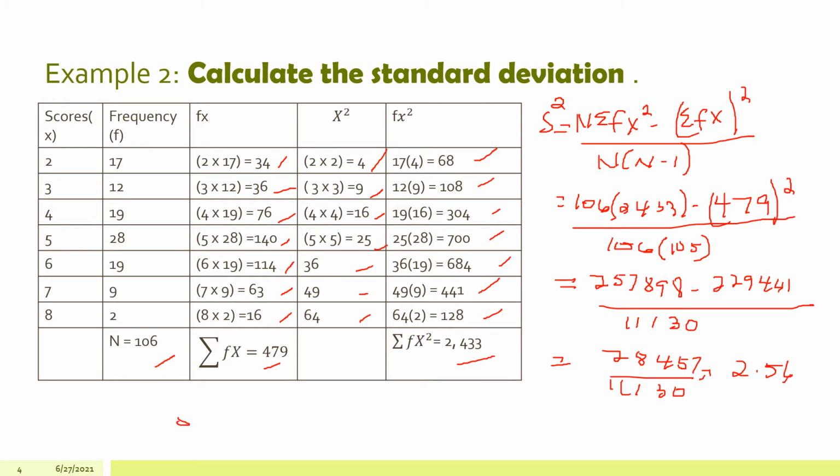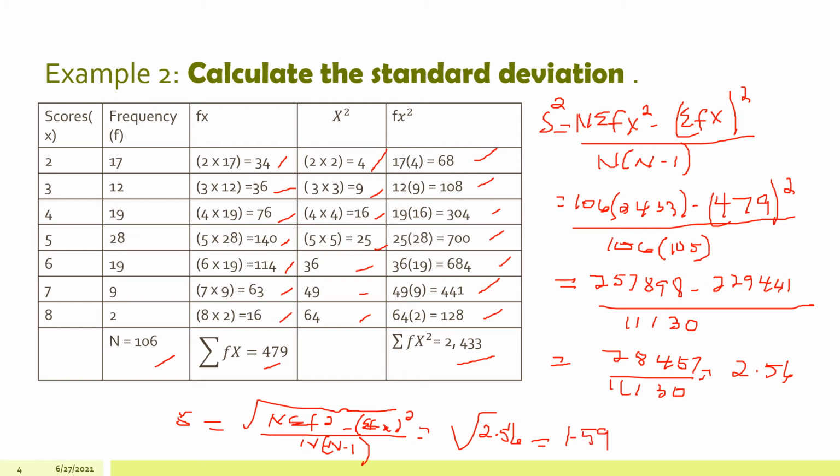And get the standard deviation. S is equal to the square root of n times the sum of fx squared minus the square of the sum of fx, over n times n minus 1, or the square root of 2.56, which is approximately 1.59. So 1.59 is our standard deviation.